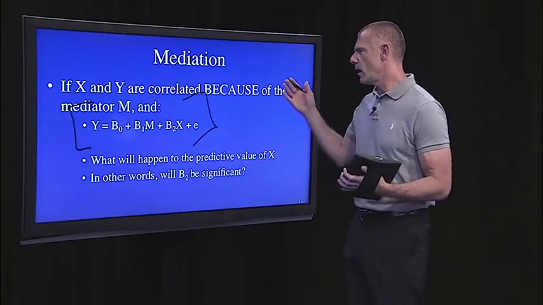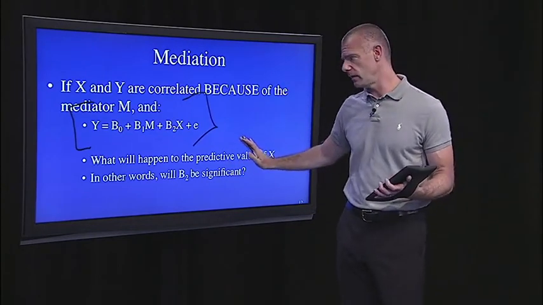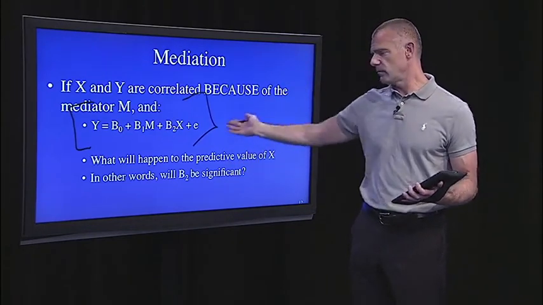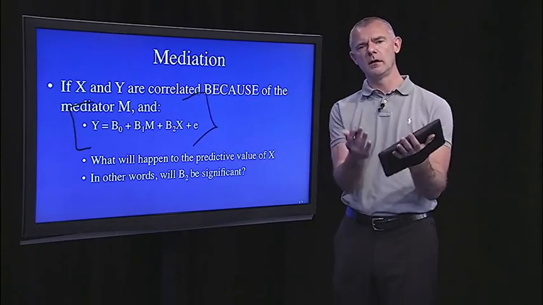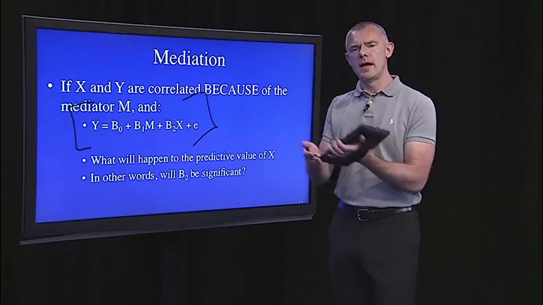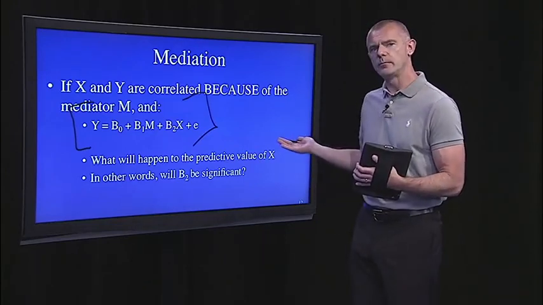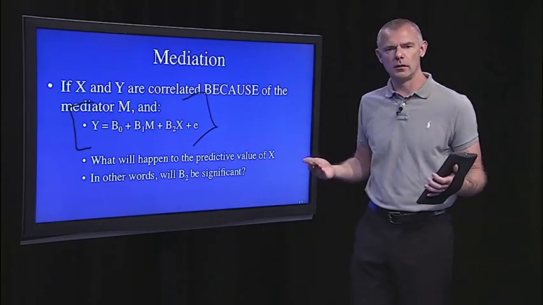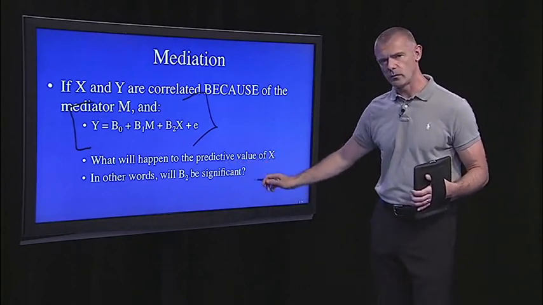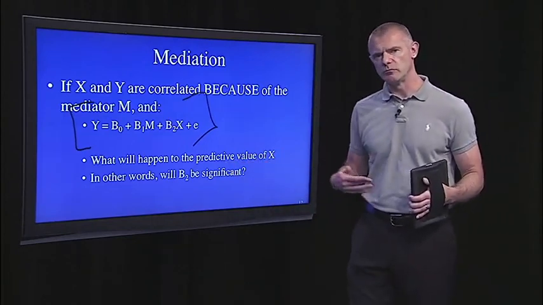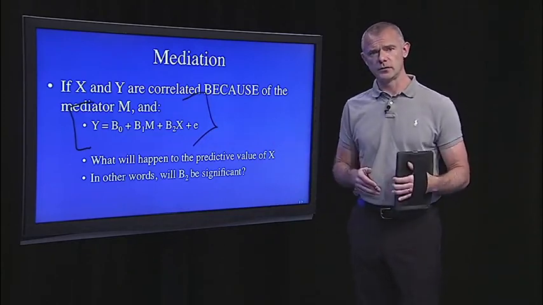If X and Y are correlated because of the mediator, as I've said on this slide, then X should no longer be significant because the mediator will explain all the variance in Y that X was accounting for. So predictor X should no longer be a significant predictor of Y. So down here, the regression coefficient B2 should no longer be significant if there's full mediation.